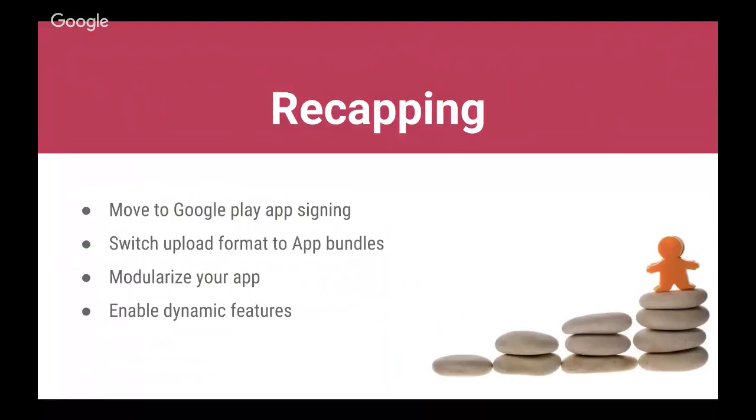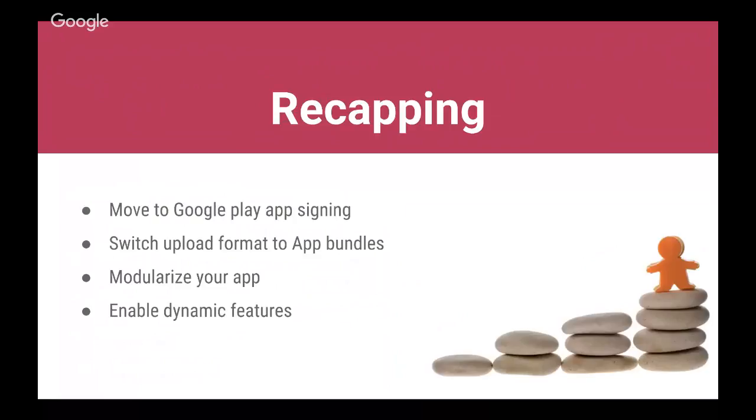Now, recapping, one of the things that you need to do is move to Google Play signing as a first step. Switch your upload format to app bundles. When you're building your app, create modules that are independent of each other, and get some user feedback to understand which modules are going to be less used, so that you can enable them as dynamic features and serve them as dynamic features.